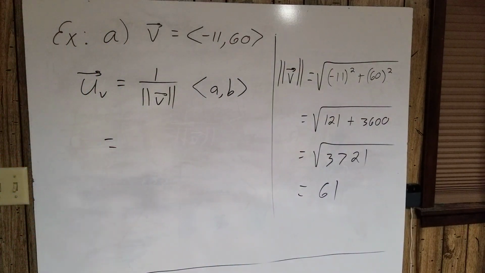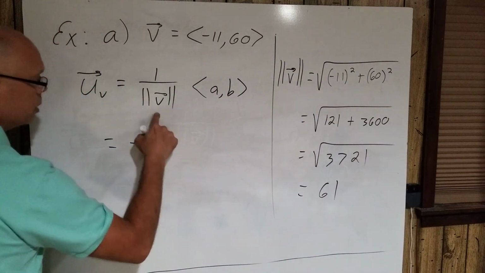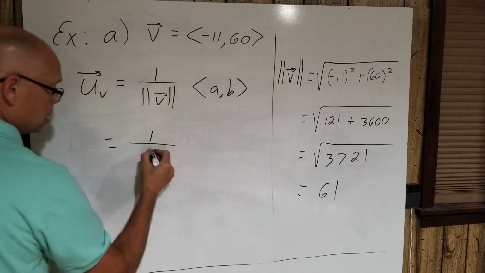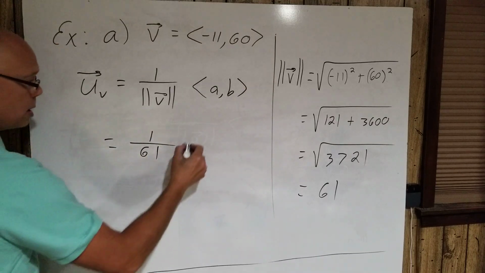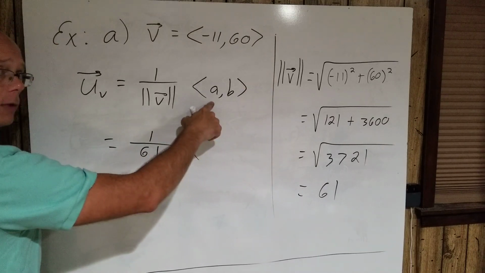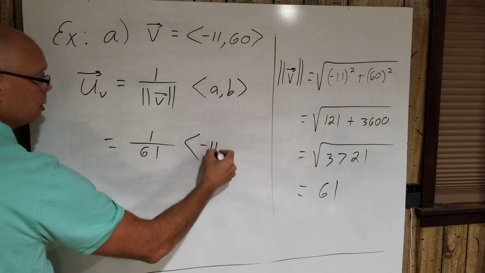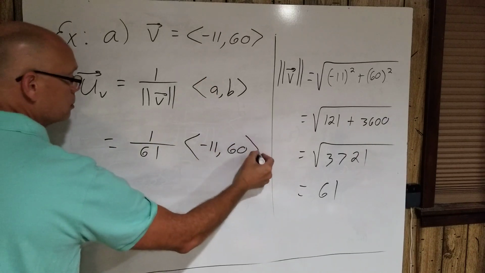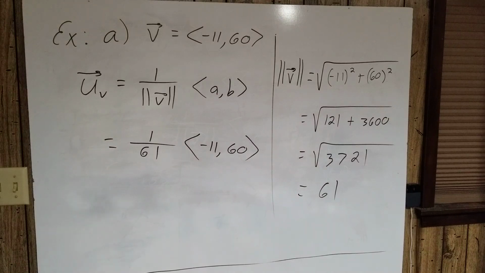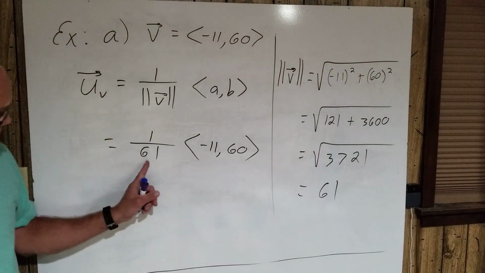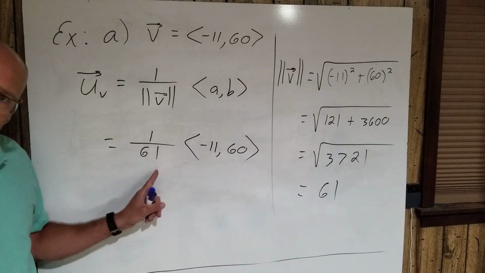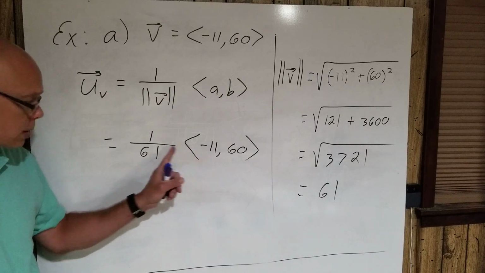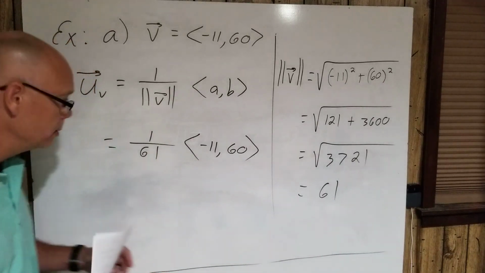So if we come over here to our formula, we have 1 over the magnitude, which was 61, times the components in that original vector, which were -11, 60. Now what we have is just a scalar, which is 1 over 61 multiplied by vector, so we basically just distribute this in here.